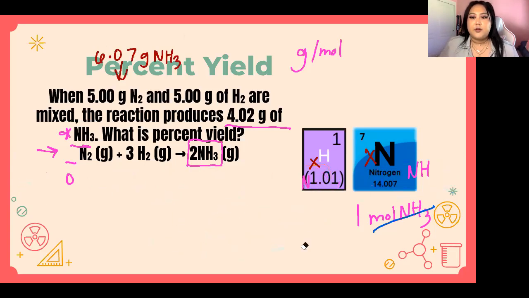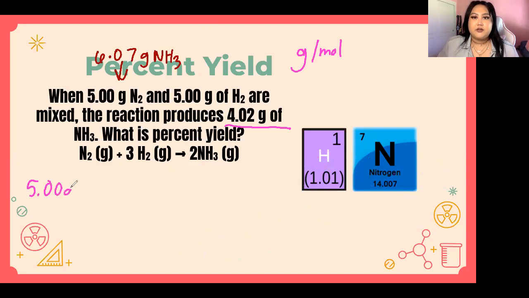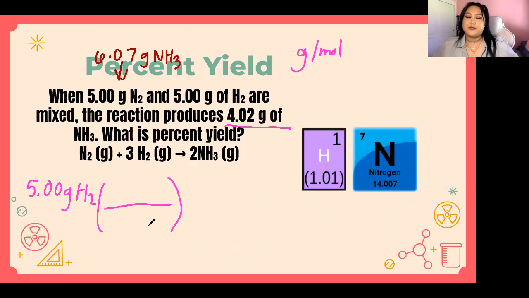And then we'll do the same exact thing for the other value that was given to us. So we have 5 grams of H2. Okay. So again, what's the first conversion factor we have to use for H2?